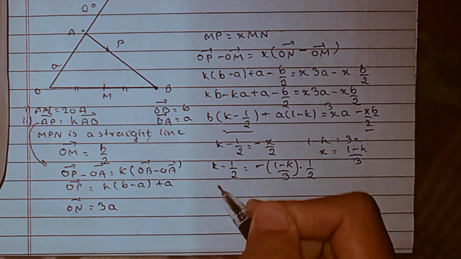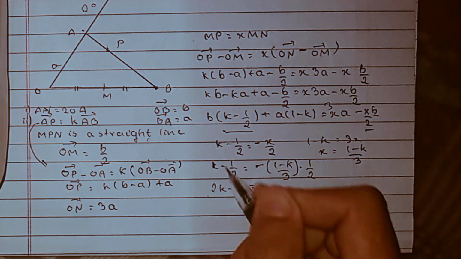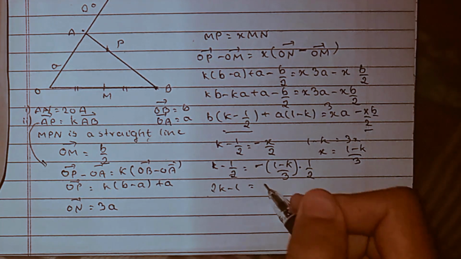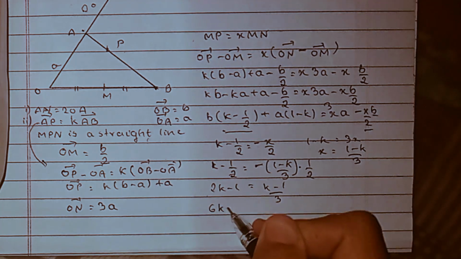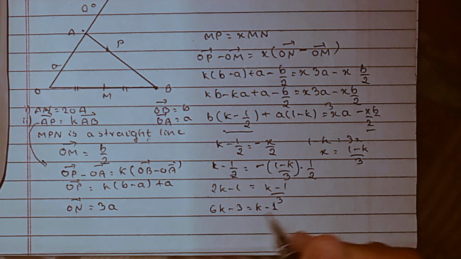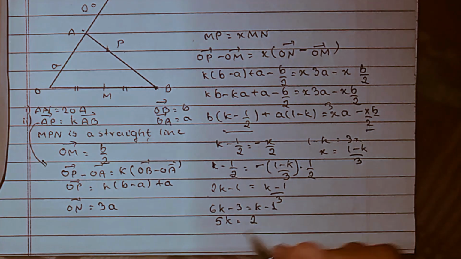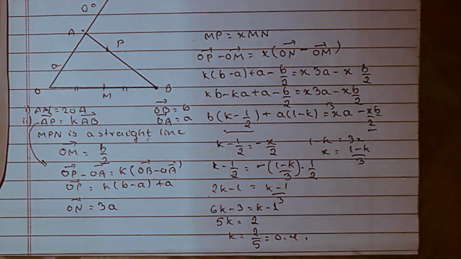So we take the LCM and eliminate the other terms, and we have (k minus 1) upon 3. So 6k minus 3 equals k minus 1. We take k to the other side and 3 to the other side, so we get 5k equals 2, that is, k equals 2 by 5, which is equal to 0.4. So this is the main answer.